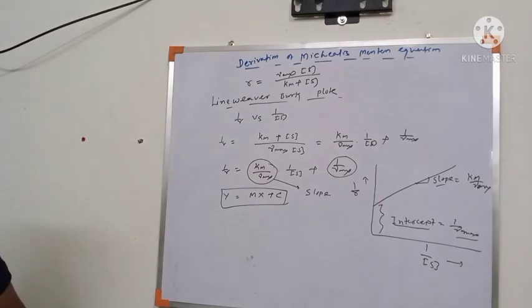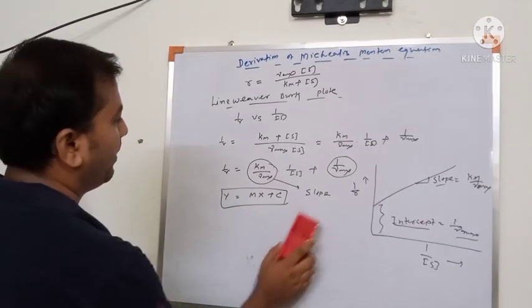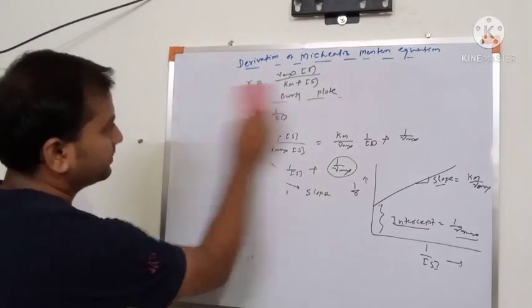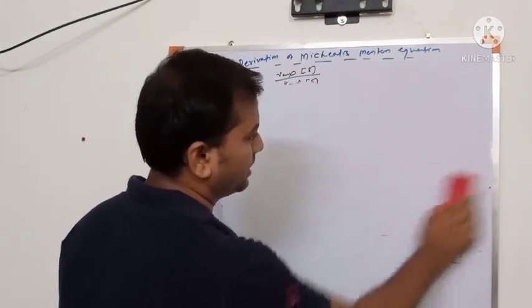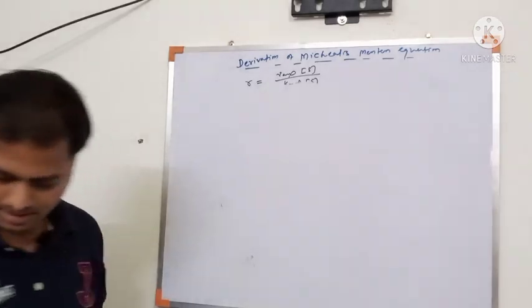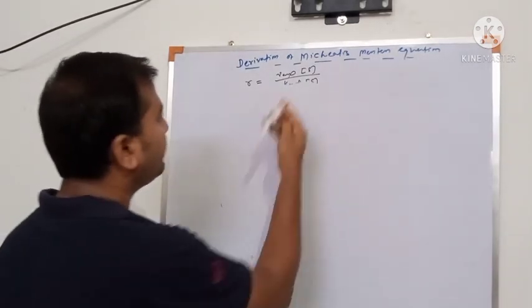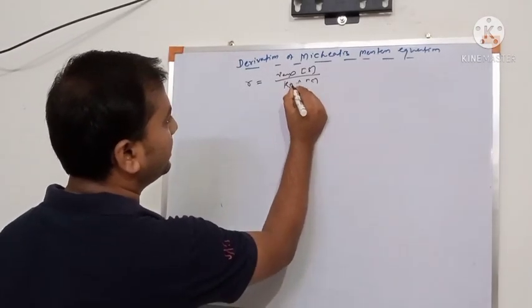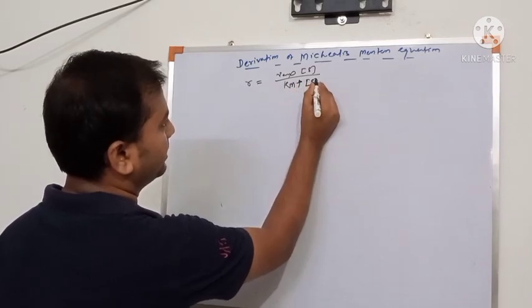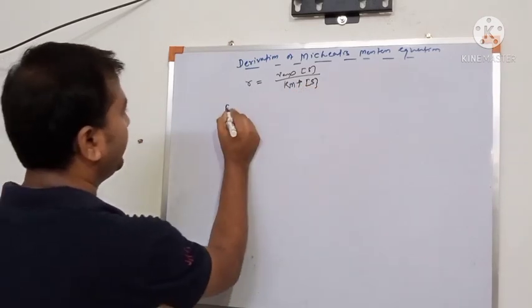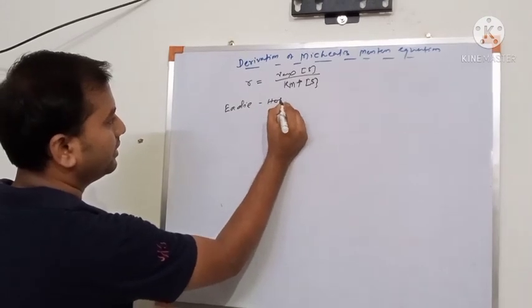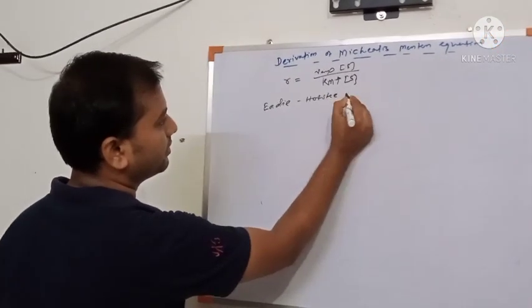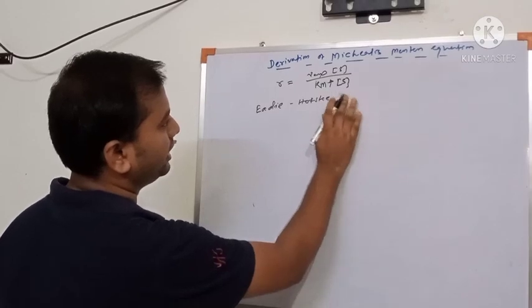Now the next is the Eadie Hofstee equation. In the same equation we apply the Eadie Hofstee equation, or Eadie Hofstee plot.